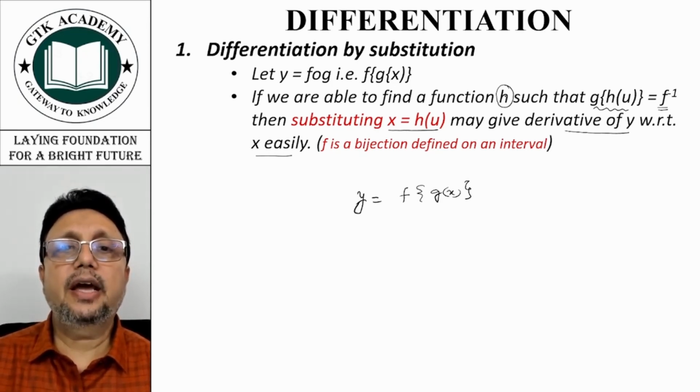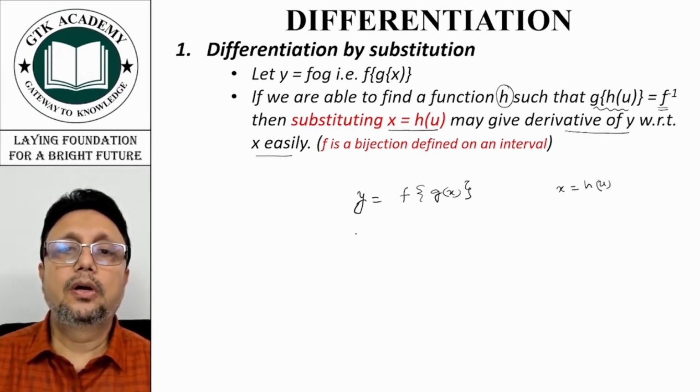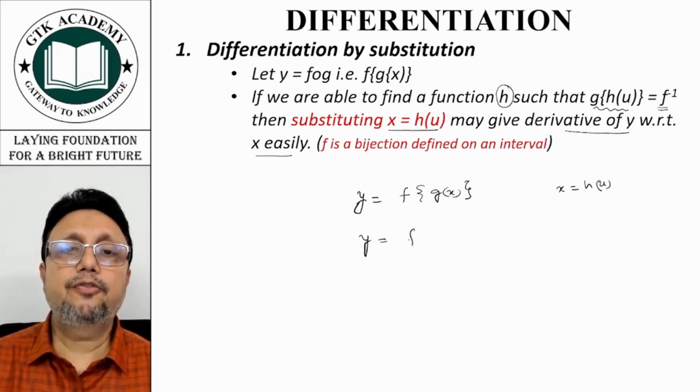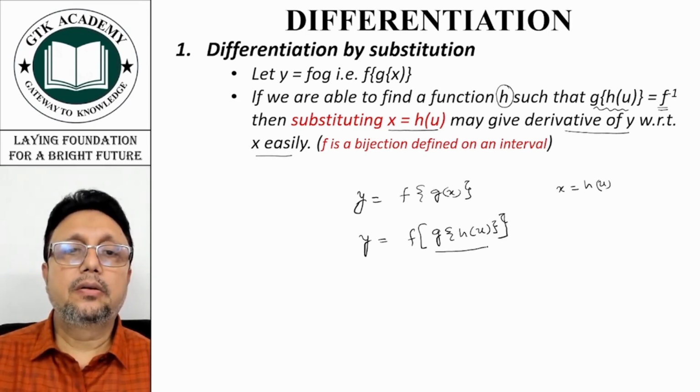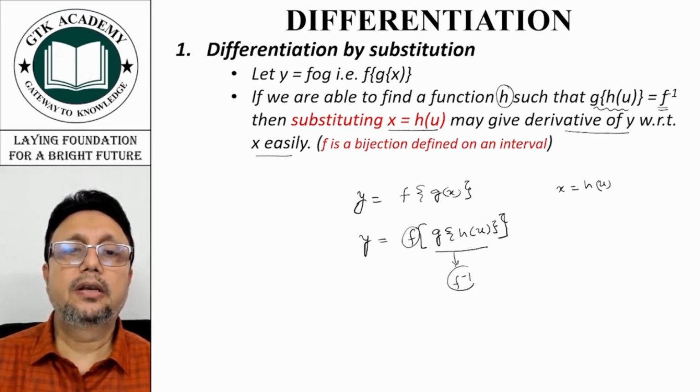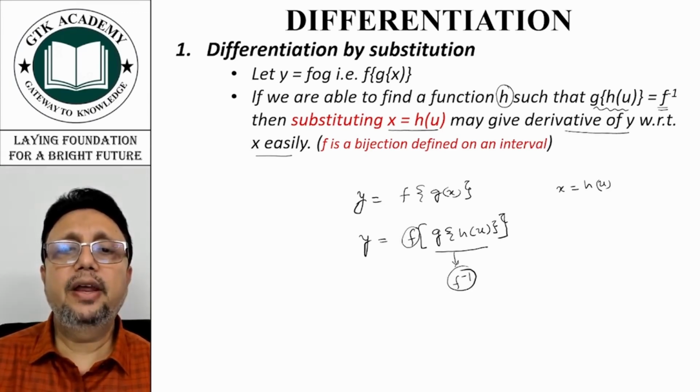Suppose we have a function h and we substitute x = h(u), then y becomes f(g(h(u))). Now if this portion becomes f inverse, meaning the inverse of this function, then we can very easily find the derivative.